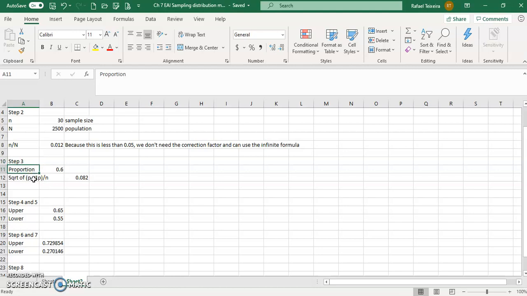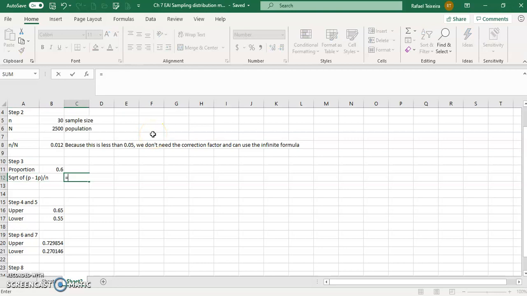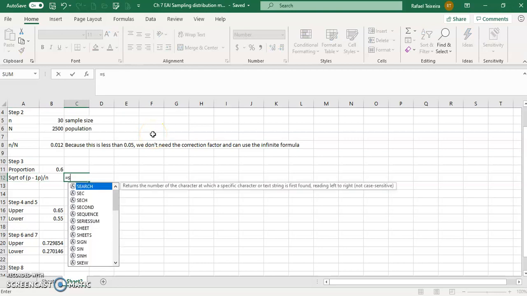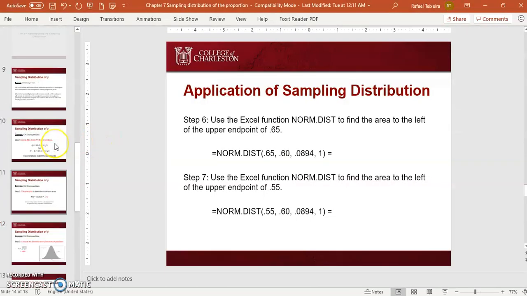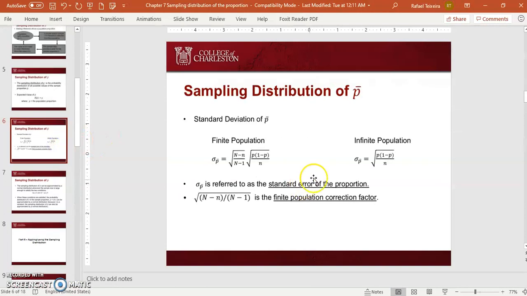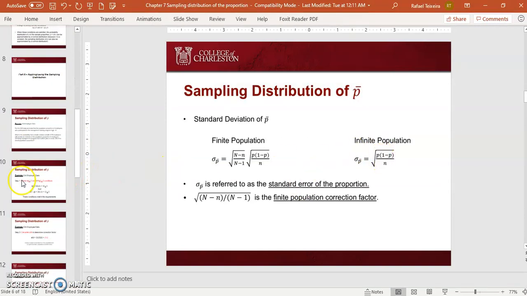Step 3 is to determine the standard error of proportion, the standard deviation of proportion, and this is the formula: square root of p times (1 minus p) divided by n. So the formula we can implement is like this, equal SQRT. SQRT is the function for the square root, open parentheses, and then I open parentheses again because what I want to do is p multiplied by (1 minus p). Let's take a look at the formula again. So the formula is p multiplied by 1 minus p.